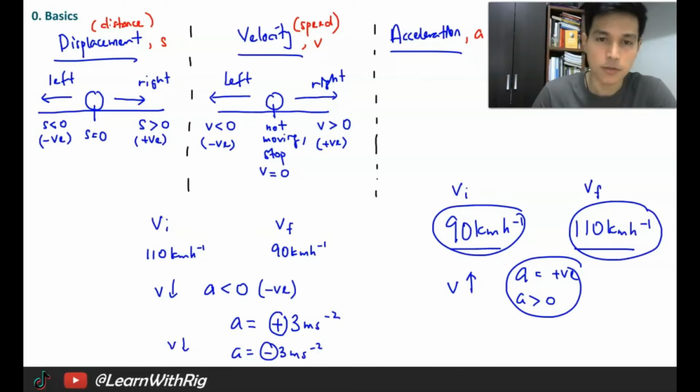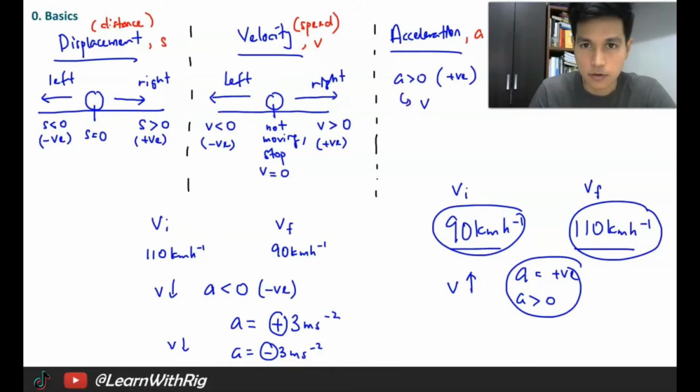Clear? So I'm going to write here: if a is more than 0, that means a positive value, in this case the velocity is increasing. If a is less than 0, that means it's a negative value.